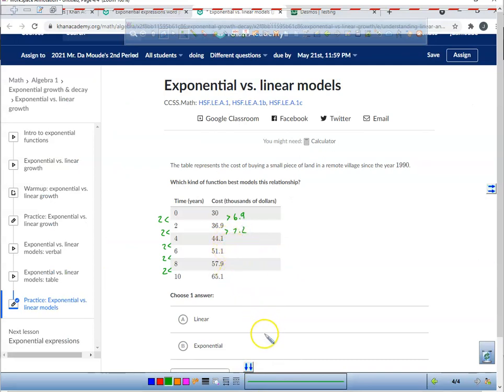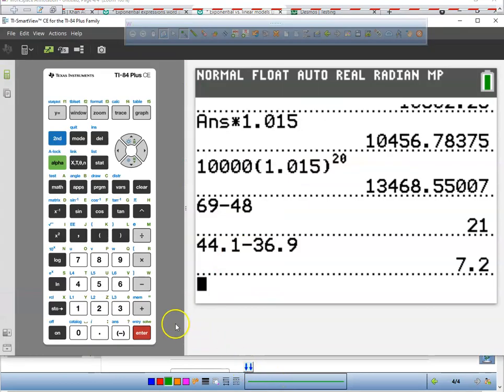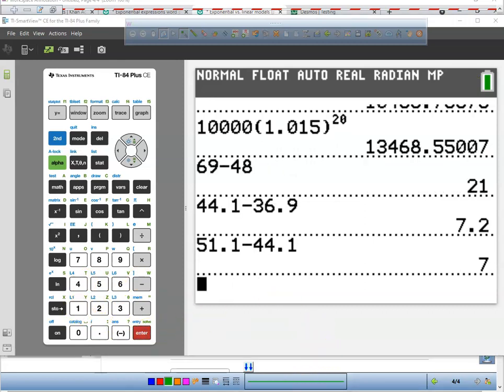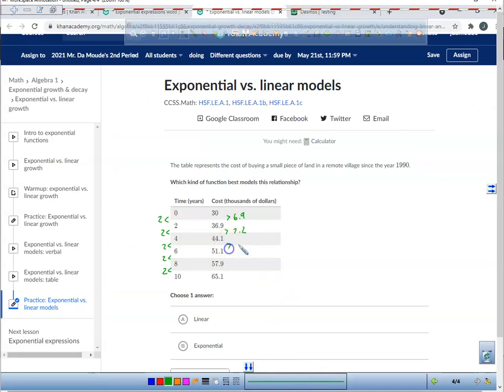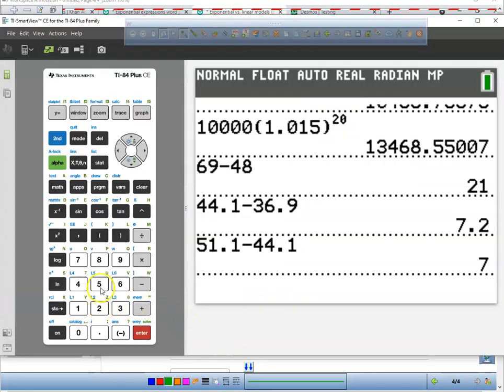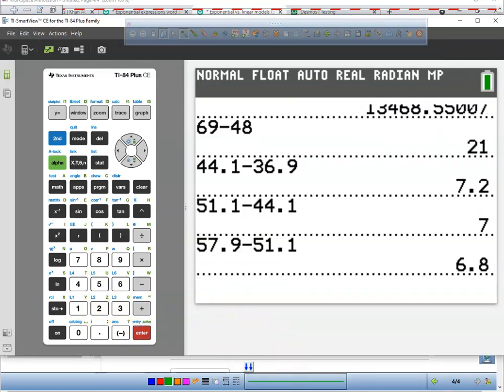And if I do 51.1 minus 44.1, I get 7. 57.9 minus 51.1, 6.8.